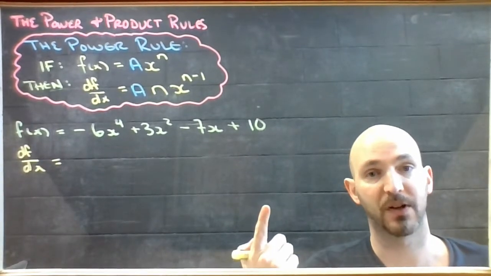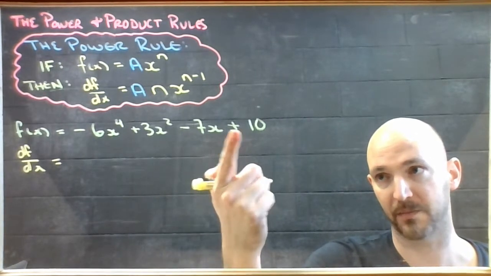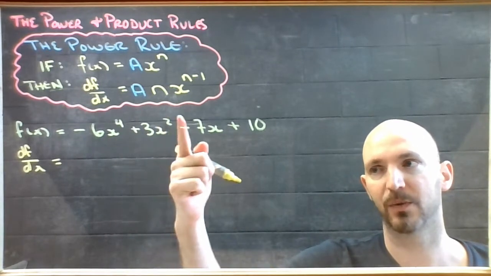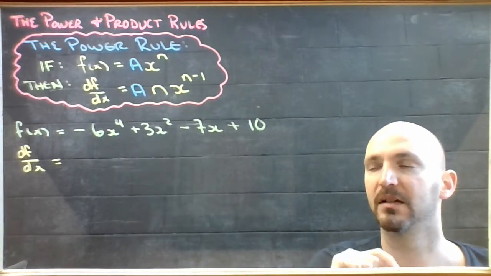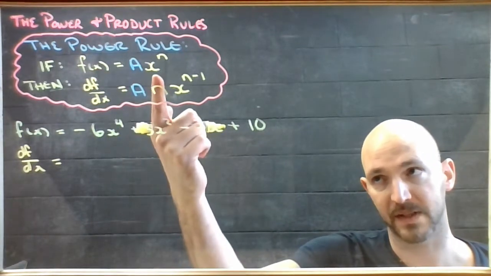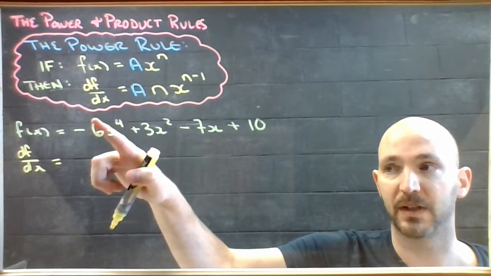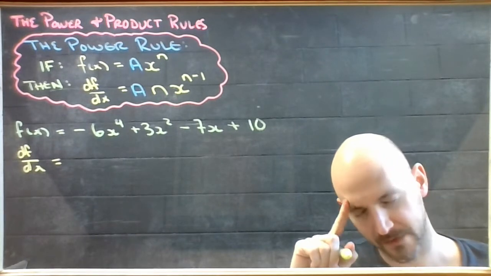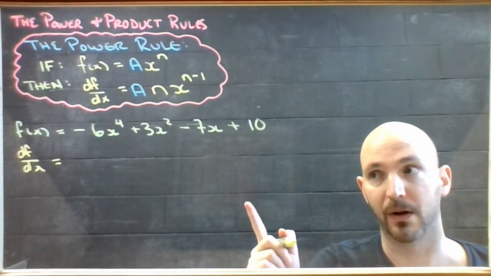I know that the differential operator is distributive, so I see a bunch of things separated by pluses and minuses. So I know in advance that I'm going to end up taking the derivative of each of these pieces separately. I know also that each one of these chunks is just a polynomial, right? It's x to some number. So I'm going to just use the power rule, bring the exponent in front, and multiply it by my a value. If I know all this stuff is happening, I don't even need the intermediate lines. I can just do it all in one go.